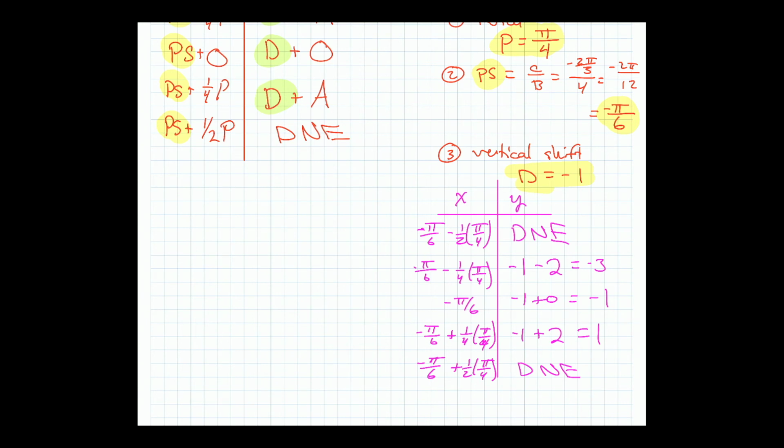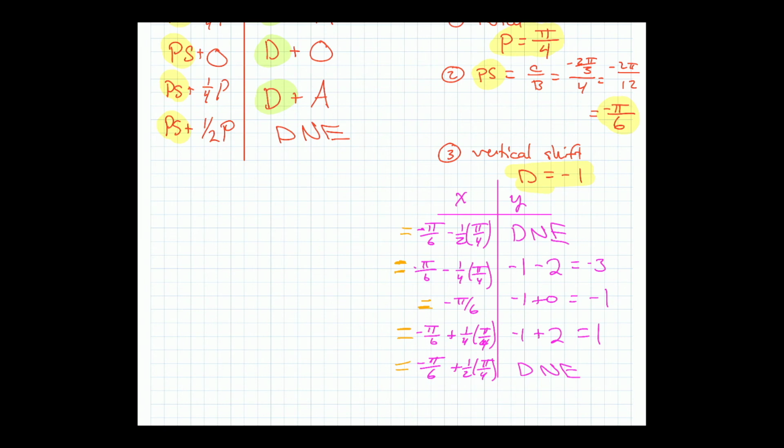Now, we got to add these up. I'm not going to go to Wolfram Alpha here. I'm just going to do it on my calculator. I do have a calculator that does fractions. You can use Wolfram Alpha or whatever.